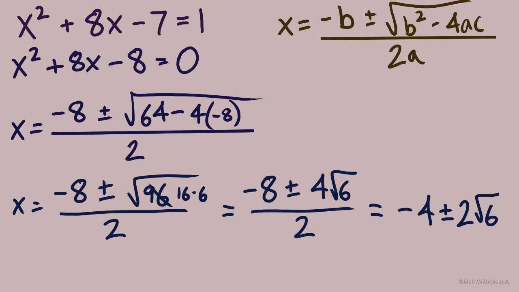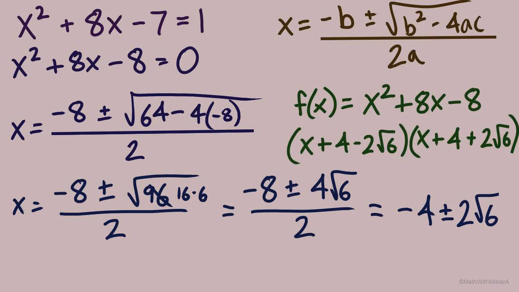Let's talk about the ideas about functions. So clearly up here is where we had our equation in standard form. That's going to lead us to our quadratic function of x squared plus 8x minus 8. Down here are solutions. Those are our zeros at negative 4 plus 2 radical 6 and negative 4 minus 2 radical 6. And I got ahead of myself a little bit here with the factors, but again, remember, to come up with the factors after we have the zeros, we are thinking about a set of parentheses where we have x minus a zero.